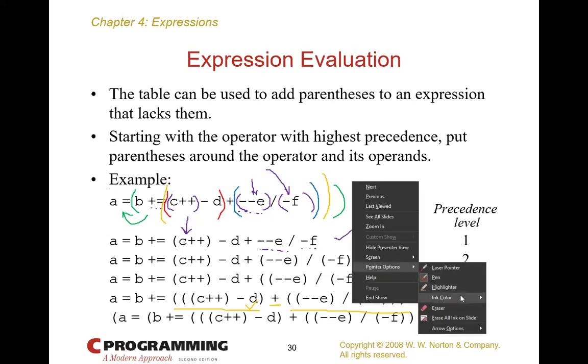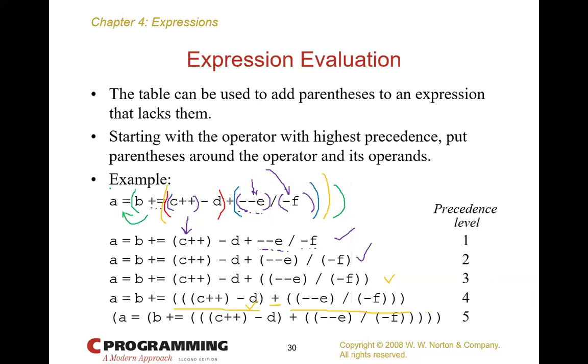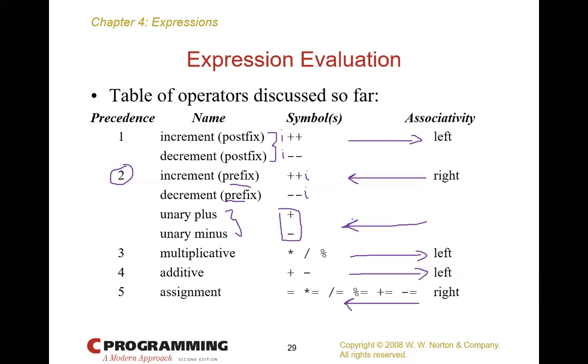I hope I can still find a distinguishing color. Actually, at this point, any color I use is fine since they are already grouped. So, finally, stop here. I hope you'll be able to do this in the exam. You need to keep in mind this precedence table.